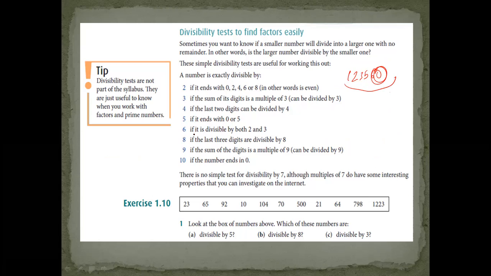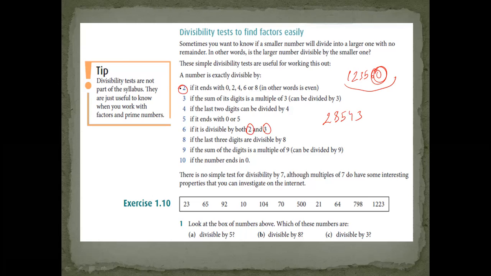And 6, what about 6? If it is divisible by both 2 and 3, because the factors of 6 are 2 and 3. For example, 28,543.